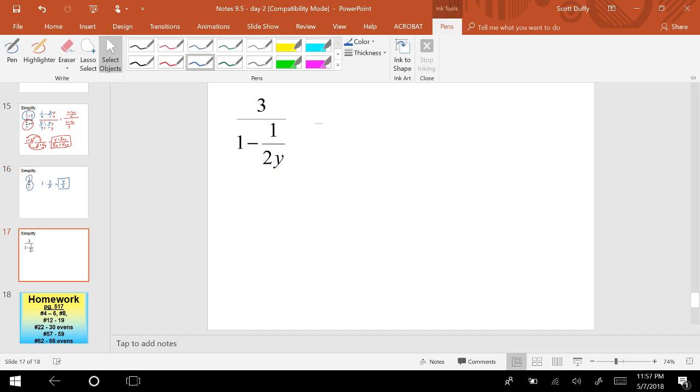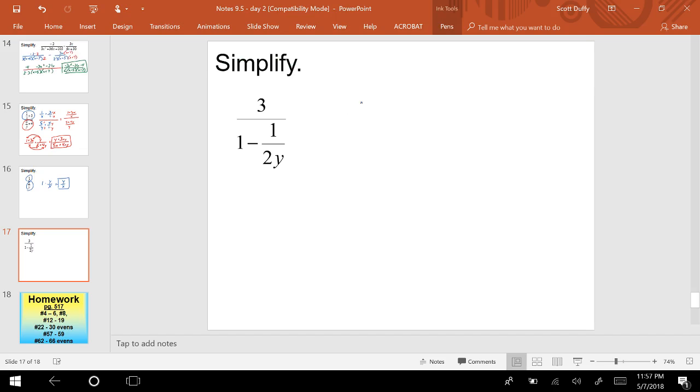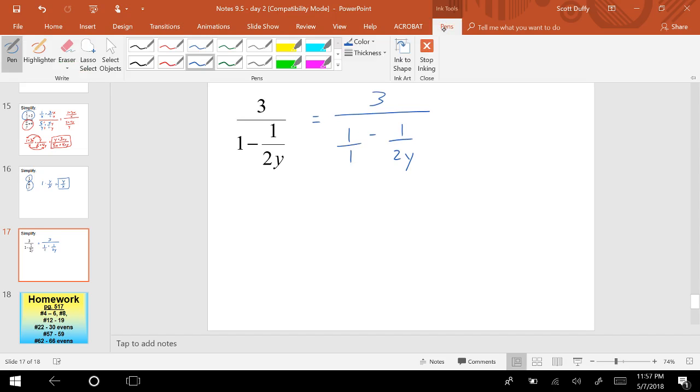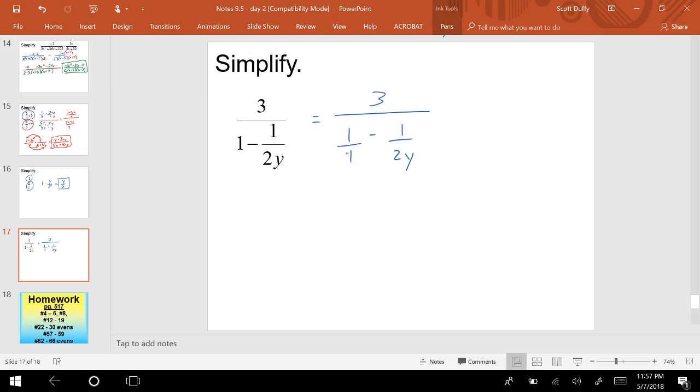This is another one where we're taking a whole number divided by a fraction, or what's going to turn out to be a fraction. So we have a 3 on top divided by 1 minus 1 over 2y. Now this 1 over here, we can think of that as 1 over 1. Now what does this denominator have that this denominator doesn't?